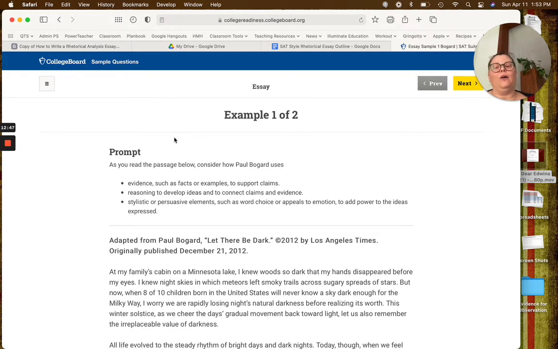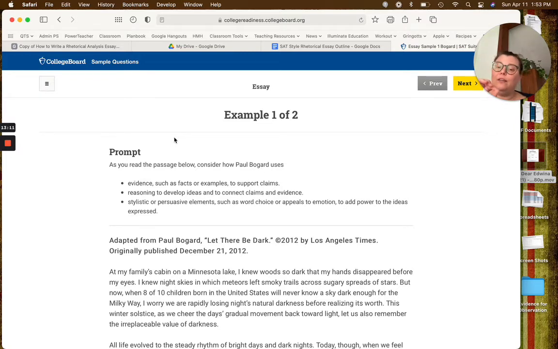They care about, can you tell them what tools, such as appeals, diction, tone, repetition, parallelism, they use, and how they structure their argument, okay? Analyze that as opposed to telling them whether it's a good argument or a bad argument.